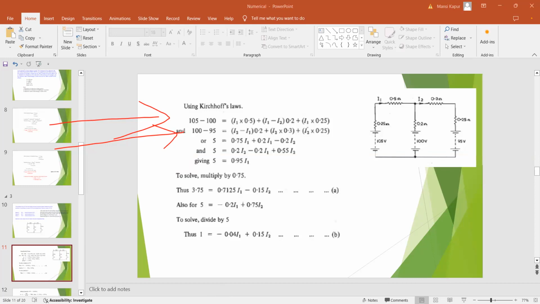Guys, can you solve these two equations with two variables?